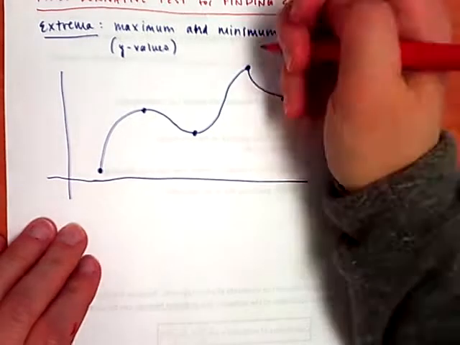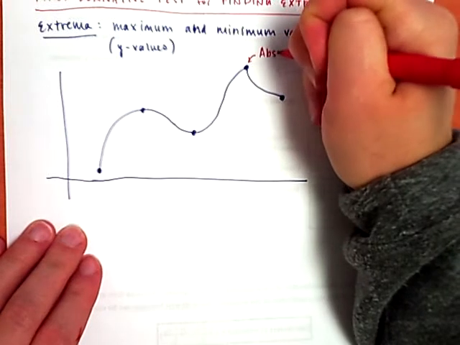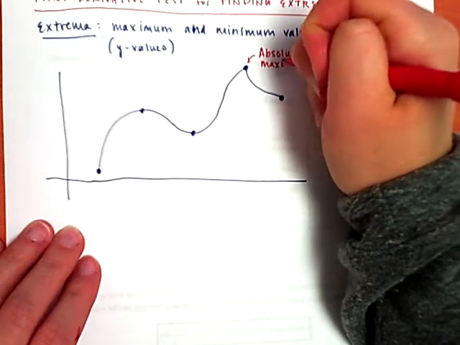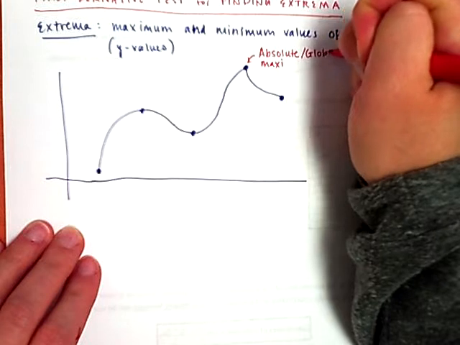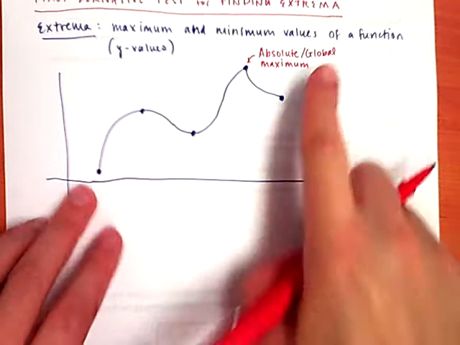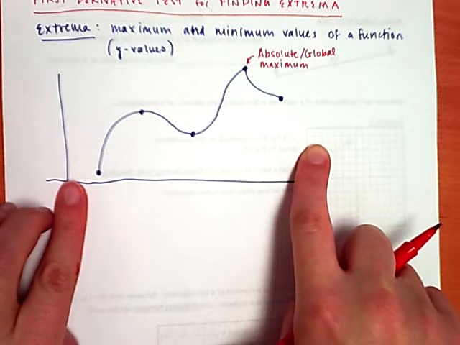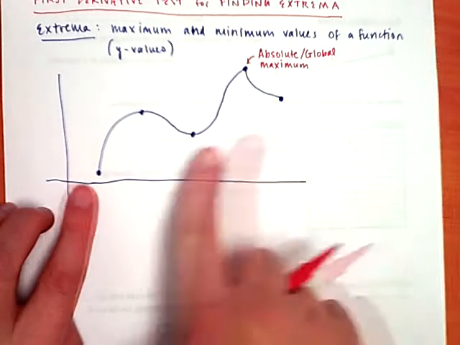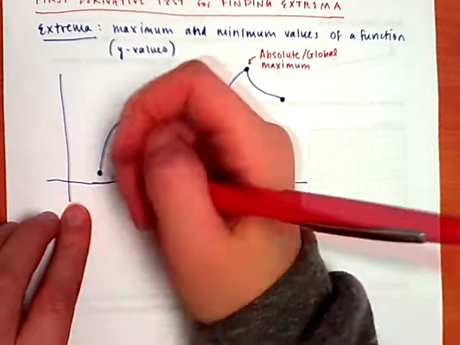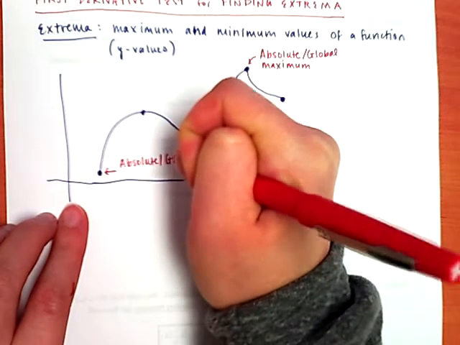So we would say this point up here looks like an absolute maximum, and another word used interchangeably with absolute is global. Global means considering the entire domain. If we think about global as meaning the whole world, in the world of this function, the whole world is the whole domain. Then the absolute minimum looks like it occurs down at this endpoint. So this would be the absolute or global min.